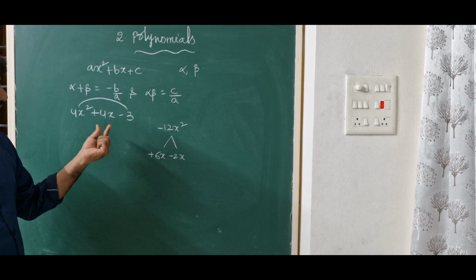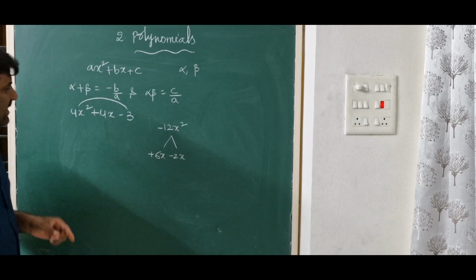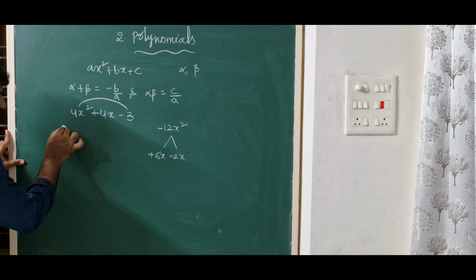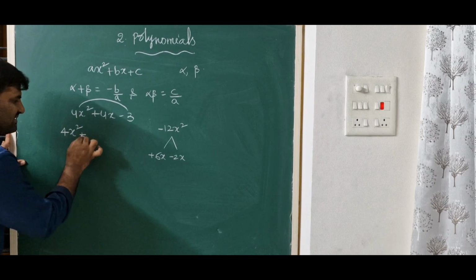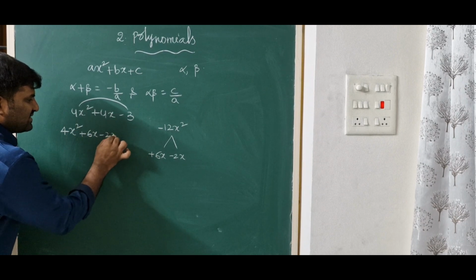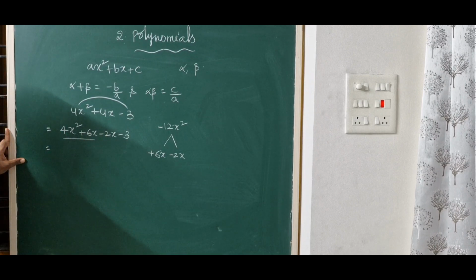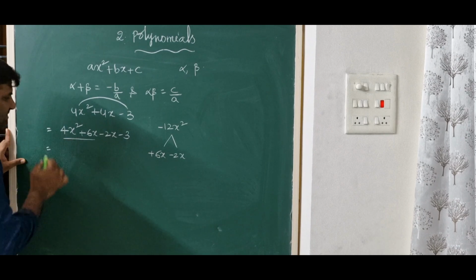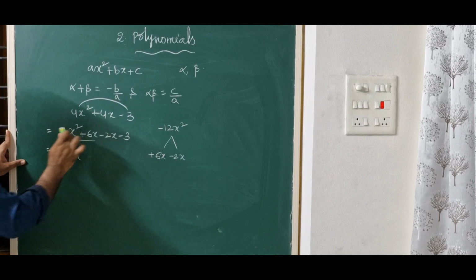We are getting 4x, so in place of 4x we write 6x minus 2x. Now see how to factorize this and get the zeros of this polynomial: 4x square plus 6x minus 2x minus 3. From the first two terms you should take common; I think you know how to factorize. In 4x square plus 6x, both have 2x common, both are multiples of 2x.